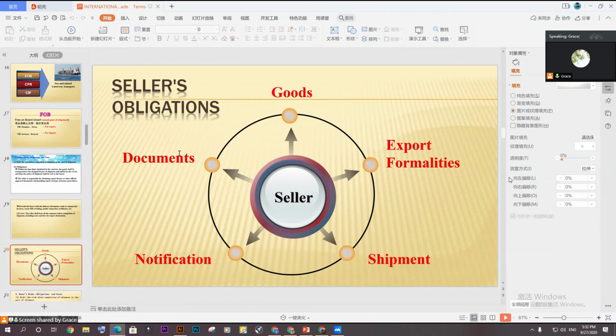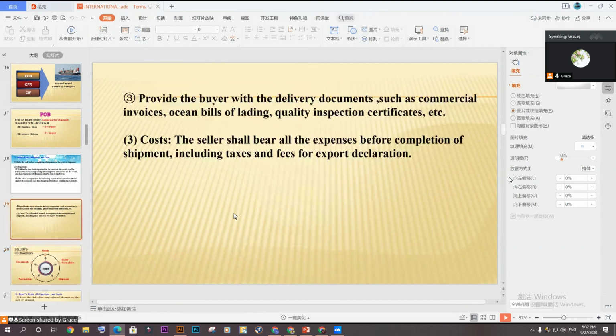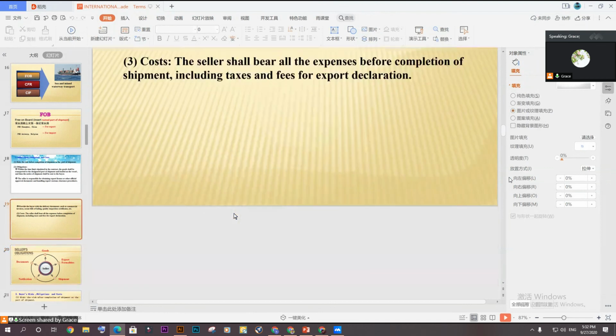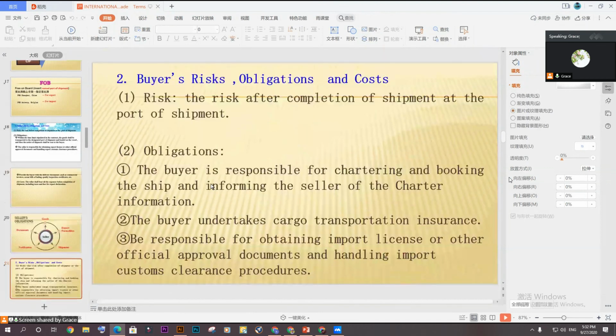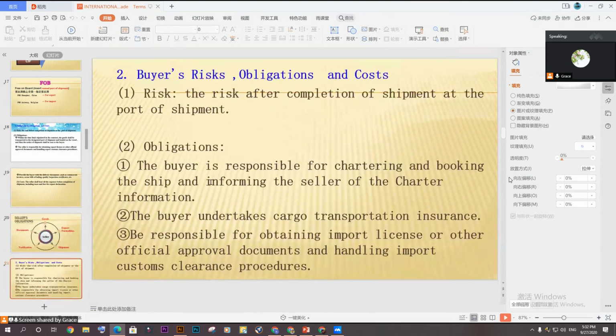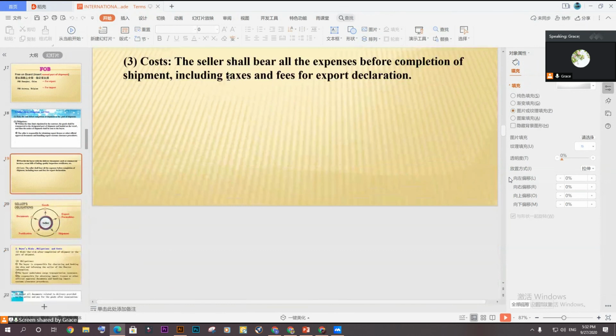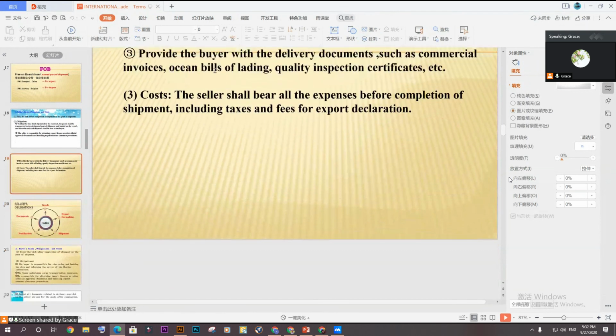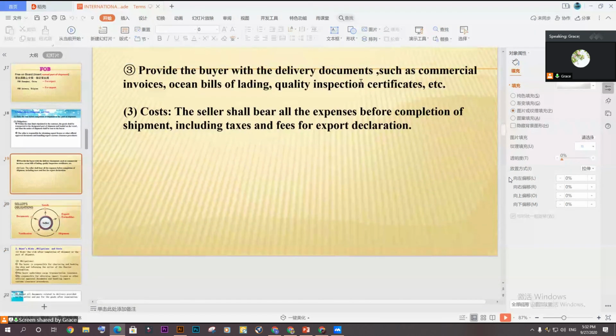Okay, the fifth one is the documents. The documents are just like here, the third one. Let's go back. The third one provides the buyer with the delivery documents. There is a lot of paperwork to do, and all these documents should be transferred to the buyer.